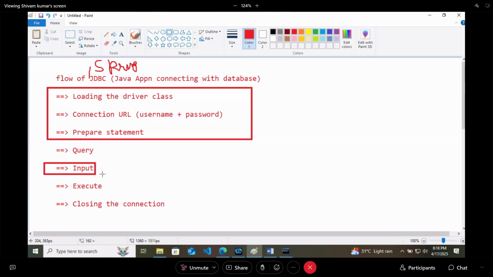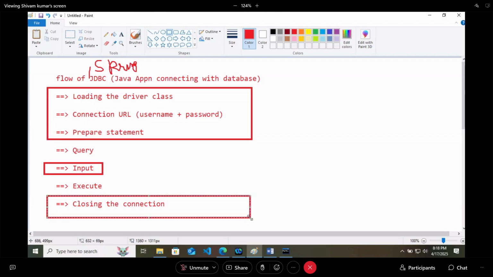You will give the input, and closing the connection will also be managed by Spring Boot. Now, if you don't know what loading the driver class, connection URL, prepare statement, query, input, execute and closing the connection are, your understanding of Spring JDBC will be 0%.